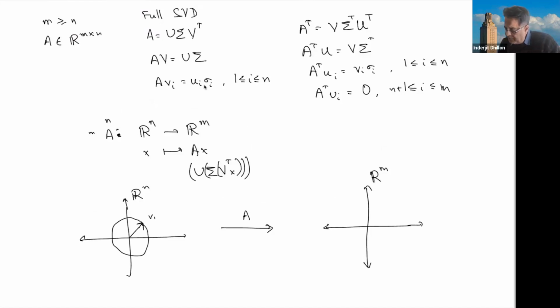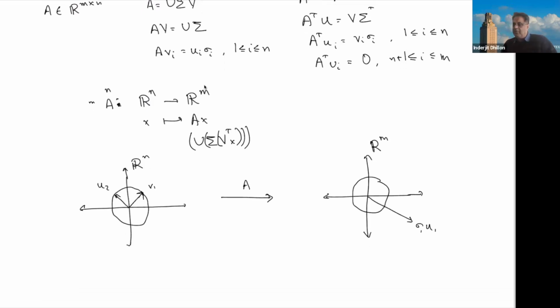And remember, the V's are orthogonal. So V2 is going to be somewhere here, right? That's going to be transformed into something like, depending upon A, this could be sigma 1 U1. And suppose this is the unit square, then it could be magnified, or the norm could actually be smaller than 1.